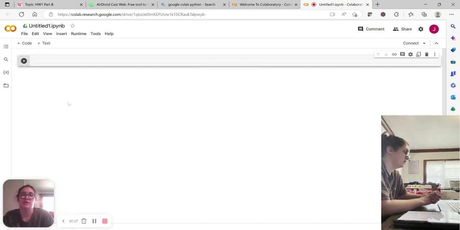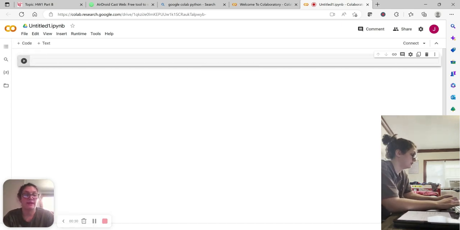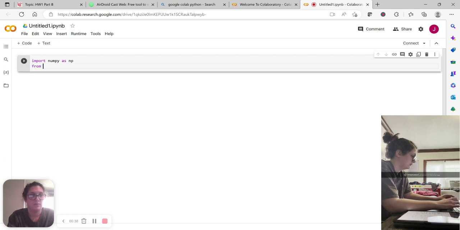So first thing I'm going to do is import the needed libraries. So I'm going to import numpy as np, and from scipy.optimize import root.